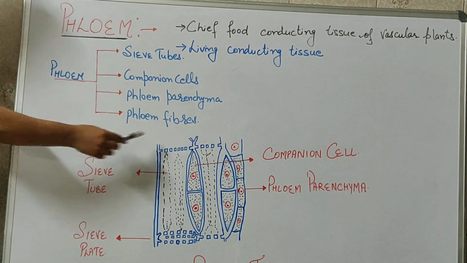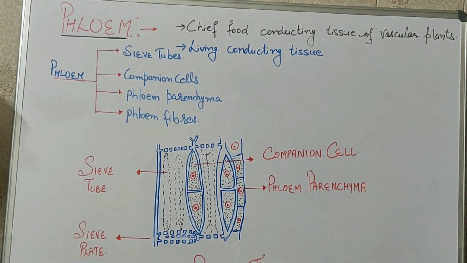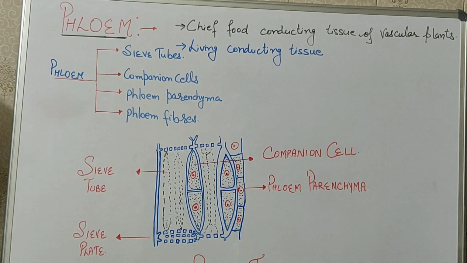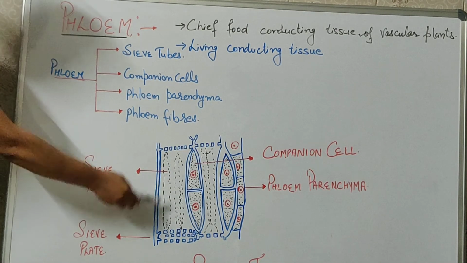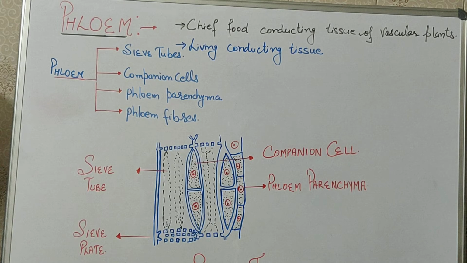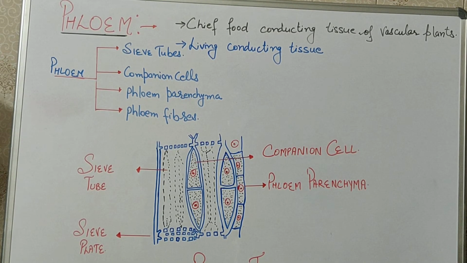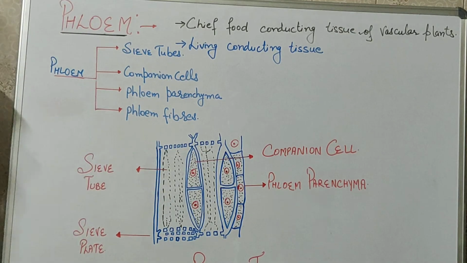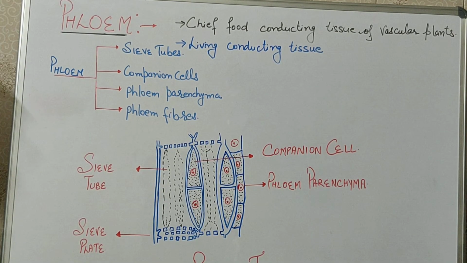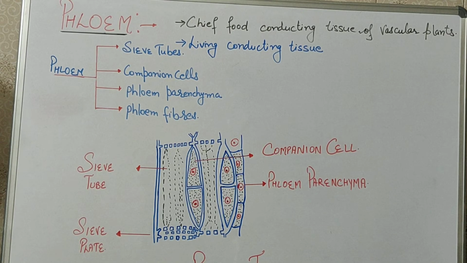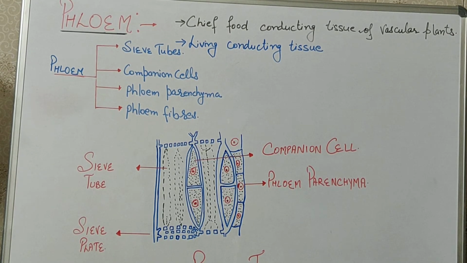They have cytoplasm in the form of thin strands. As you can see from the diagram, the cytoplasm is present in the form of thin strands which enclose a big vacuole. As you can see, the nucleus is absent. However, the nucleus is present in young cells, but in a mature sieve tube cell it is absent.